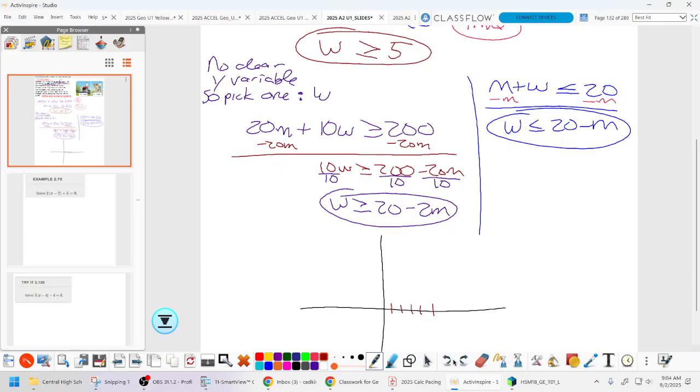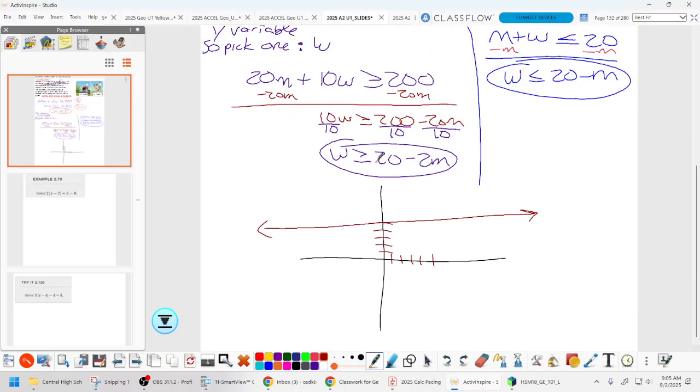My bad. 1, 2, 3, 4, 5. That is horizontal. Probably doesn't look like it. So above or below? Sorry about the mix-up. That's going to be above. So everything we're going to shade is going to be up here.